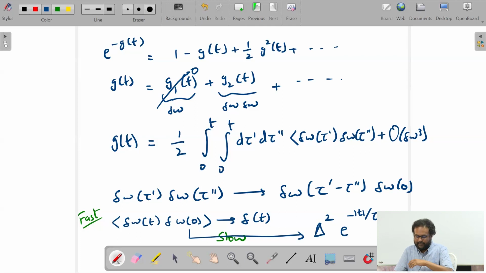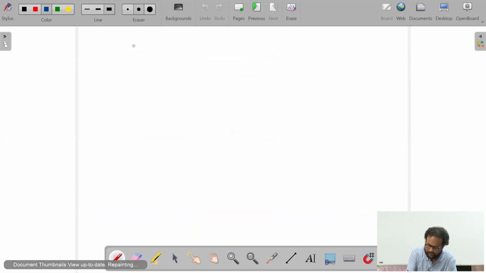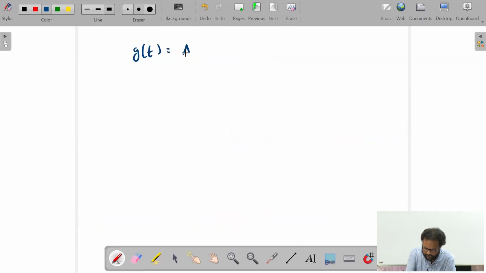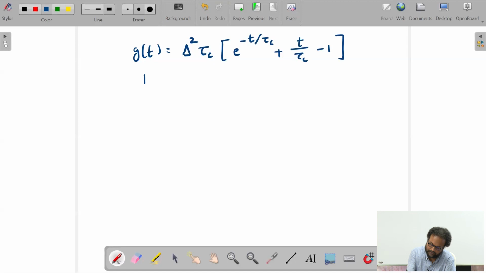If I consider this scenario of slow fluctuations, then I will get my G function in general for the general case to be delta square tau c times e power minus t over tau c plus t over tau c minus 1. And this is referred to as the Kubo line shape function. Kubo.